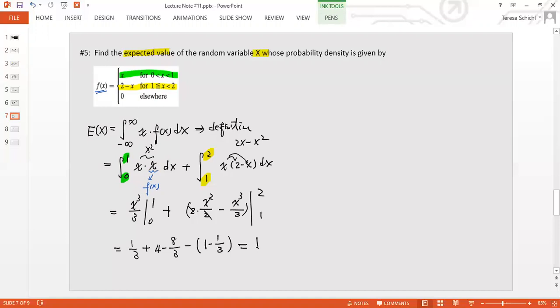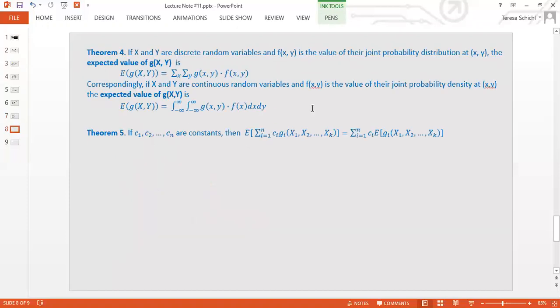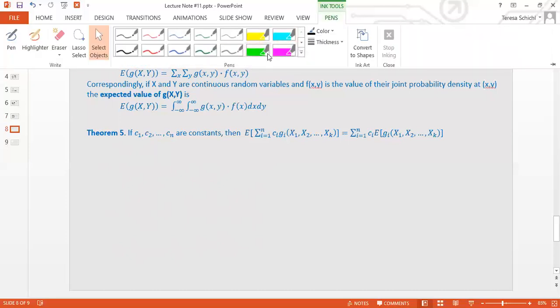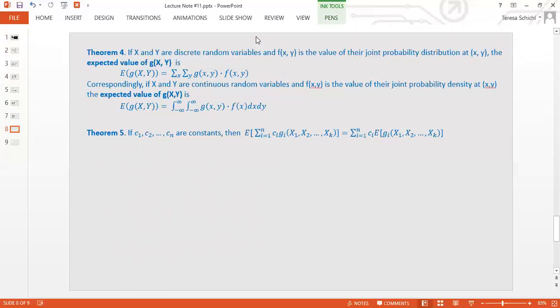So far, what we did is find the expected value for one random variable. Now the next thing is, what if you have the expected value for more than one variable? That's exactly the same. If you have a function of x and y, you just use the joint distribution function for x and y and multiply by your function.